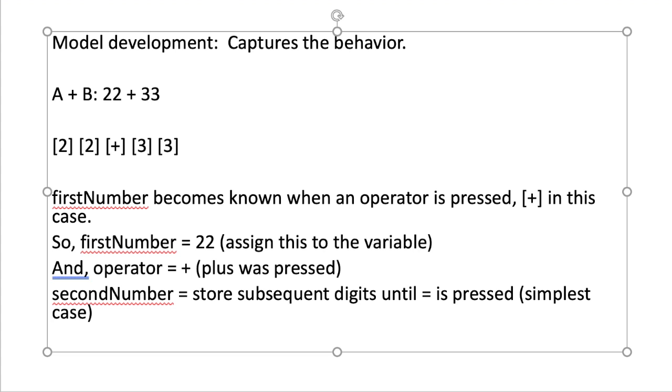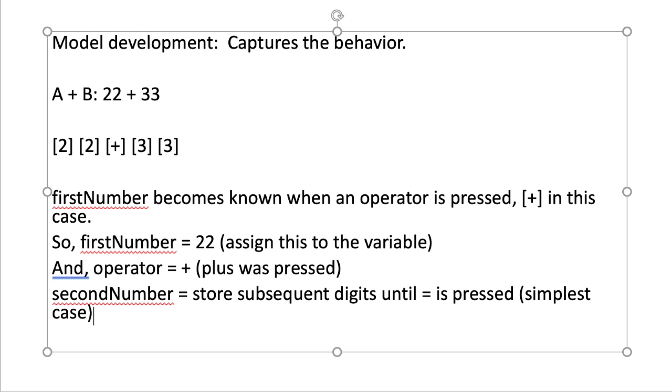So we pressed 22, then plus, and then we start entering this, so it will enter 3, whatever number, and then equal to. That will allow us to place this into memory as the second number. And because equal to was pressed, now we can do what?